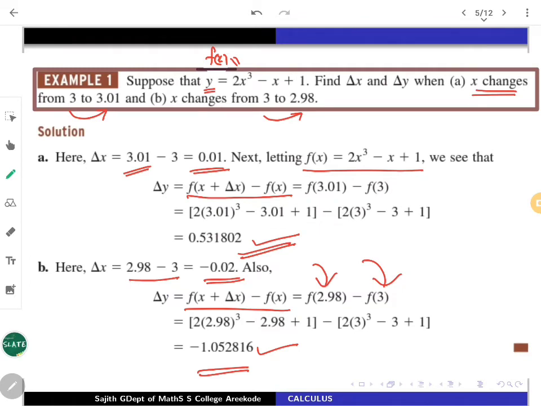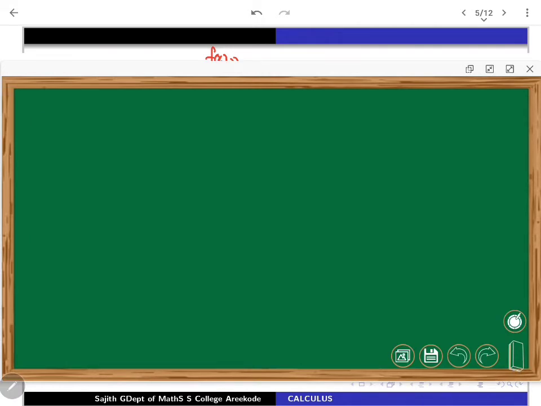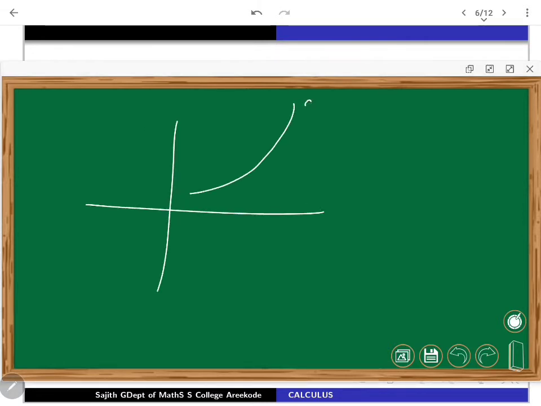So, what are differentials? To answer that question, just look at some preliminary notions that we have gone through graphically, which will help us. Suppose we start with a smooth, that is, differentiable function. I may have a graph of the function like this. This may be my y equals f of x.